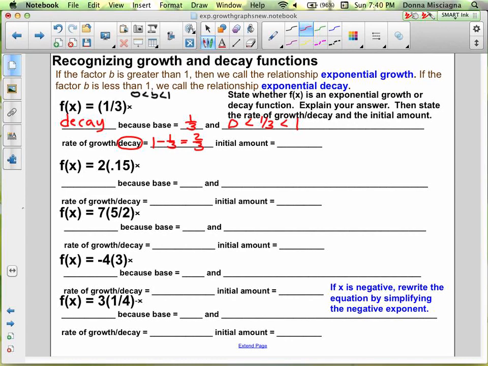So we're decaying by 2/3, right? That's how we got to the 1/3, right? So if we're decreasing by 2/3, our base is going to be equal to 1 minus 2/3. That's what gave us the 1/3, right? That's how you figure out your rate of increase or decrease.